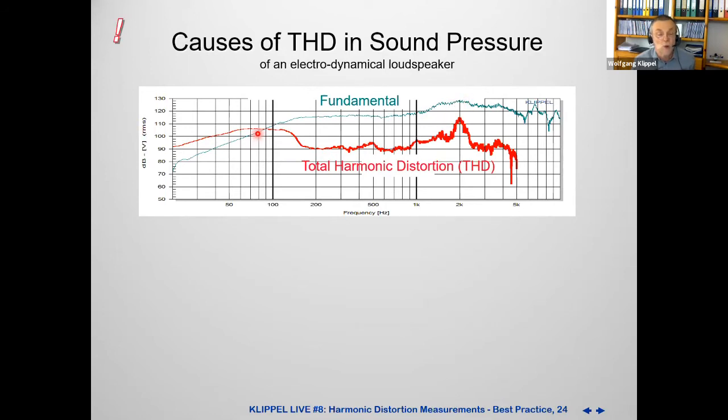But at very low frequencies, usually the THD comes up because we have a lot of displacement. Here is a base signal, more or less active, and the fundamental goes down. So we have two reasons why the harmonics are higher than the fundamental.